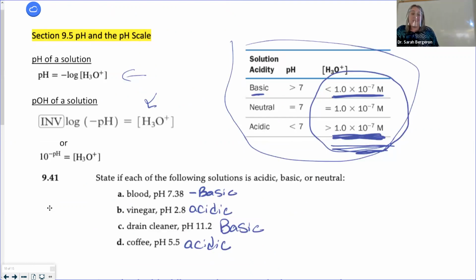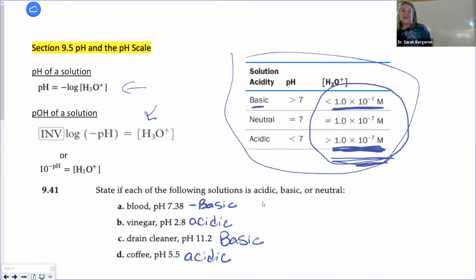Okay, pH. pH is super important. So when we talk about pH, we say you have a high pH, a low pH, or you're neutral, right? So if you have a high pH, are you basic or acidic? You're basic.